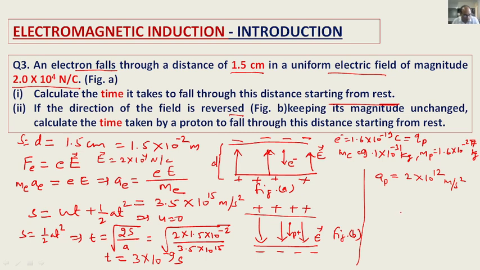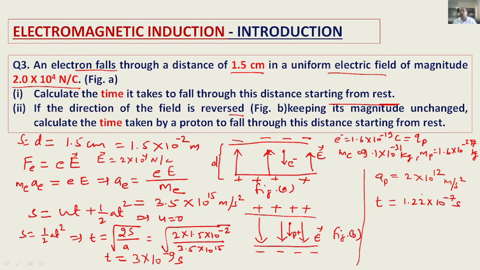Then further when we calculate, we will get the time in the similar process. We will get 1.22 into 10 power of minus 7 second.